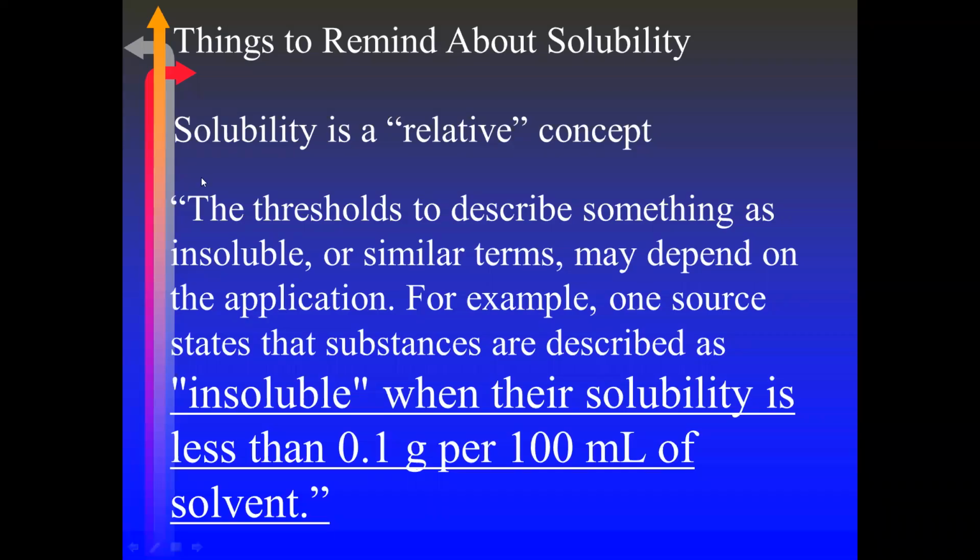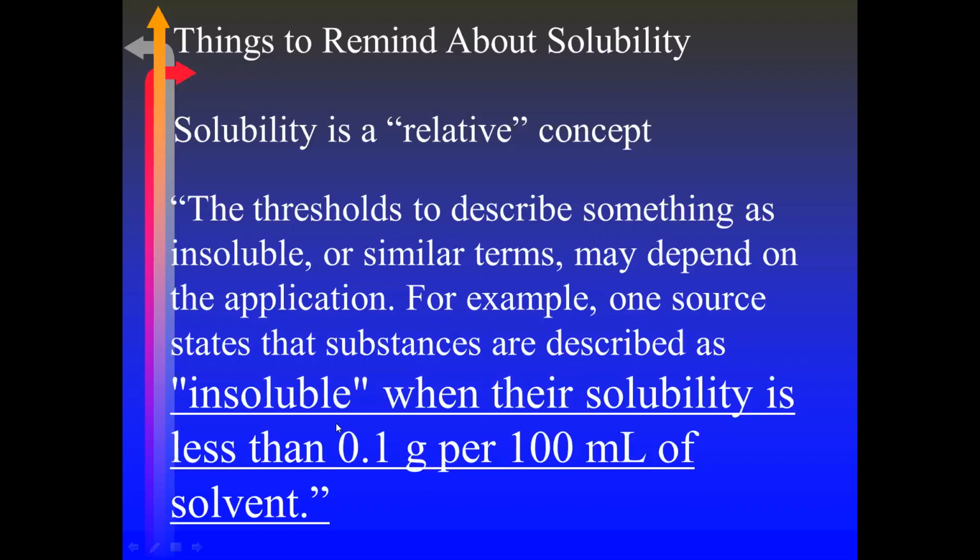So solubility is a relative concept. What I mean is there's no clear line, for example, where the left are soluble and the right are insoluble. It's not like that, because solubility gradually increases for different compounds. It depends on the application, on what you think is soluble or not.